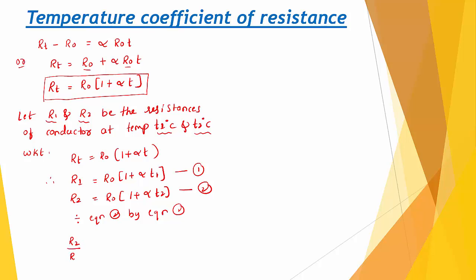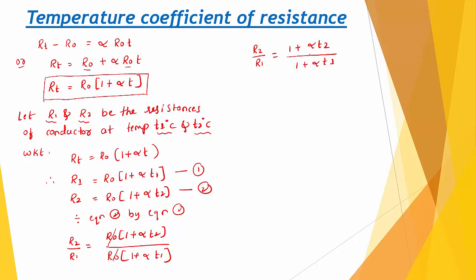R2 divided by R1 equal to R naught into 1 plus alpha T2 divided by R naught into 1 plus alpha T1. Here R naught will get cancelled. So we can get R2 divided by R1 equal to 1 plus alpha T2 divided by 1 plus alpha T1.